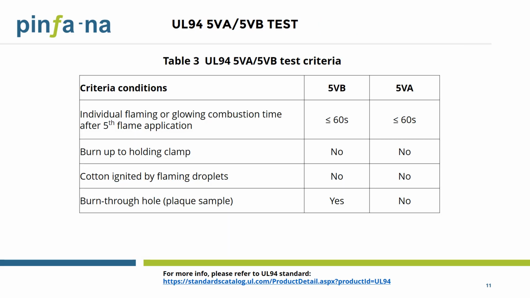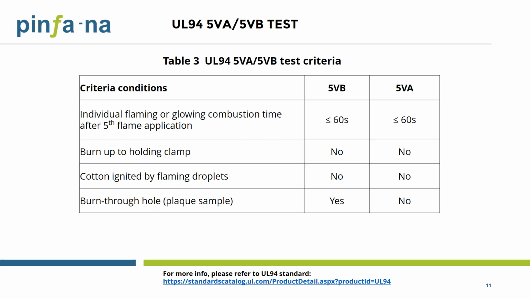We'll look at a UL94 5V test, the most stringent test among all UL94 test methods. This table shows the pass and fail criteria for 5VB and 5VA ratings. Typically, a sample won't be tested for 5VB and 5VA unless it's already rated as a V0.